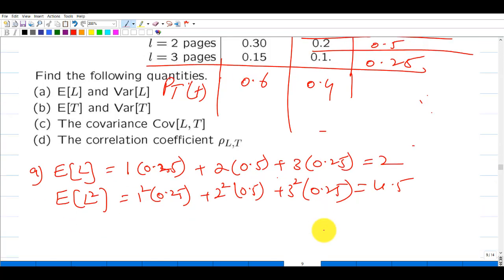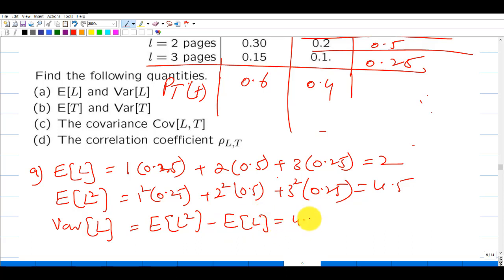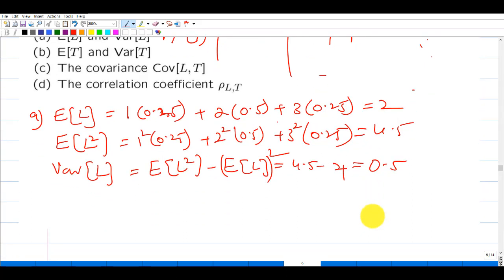So the variance of L will be the second moment minus the square of the first moment. So that is 4.5 minus 4, sorry, it is 4 because it is squared, so this would be 0.5.